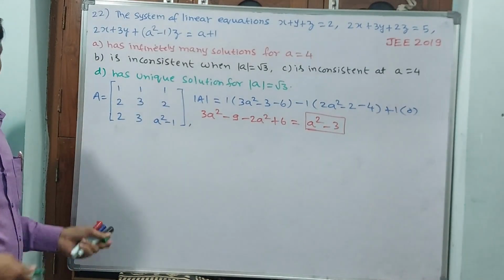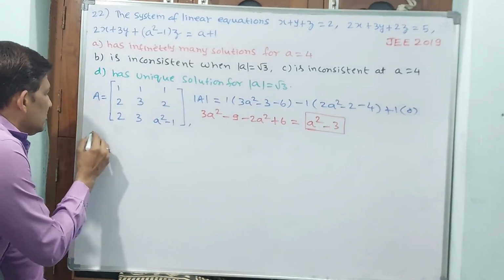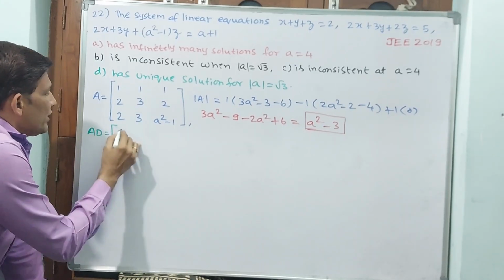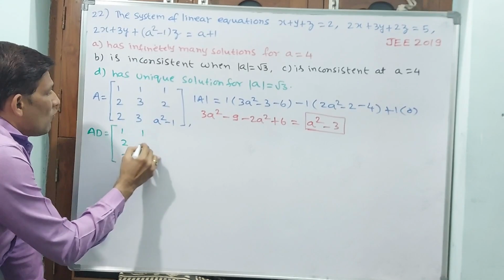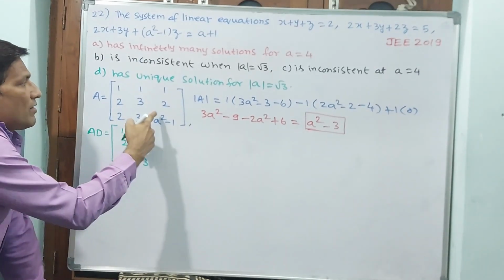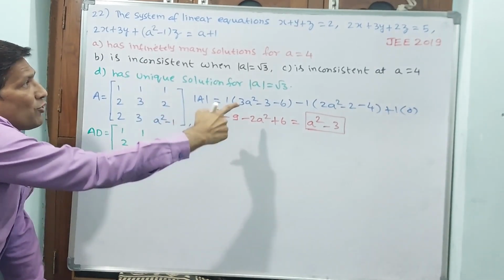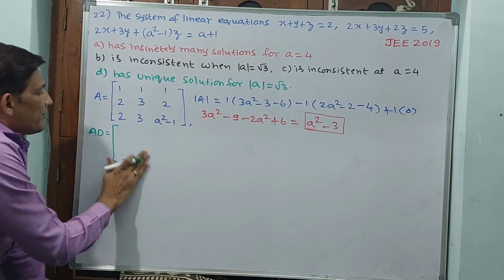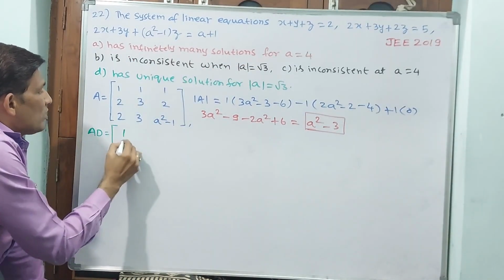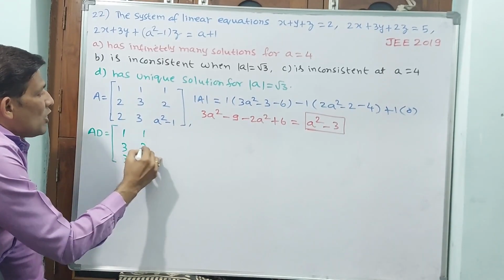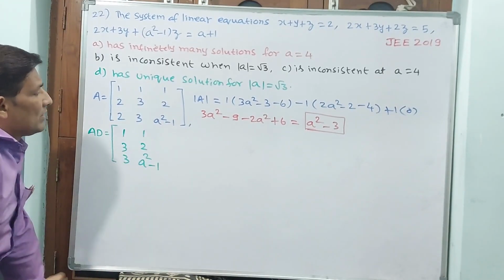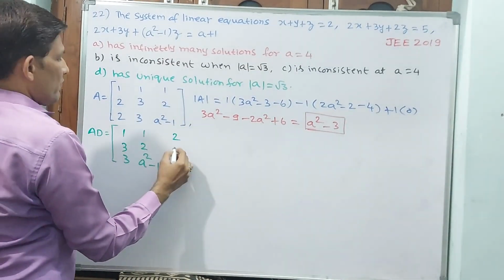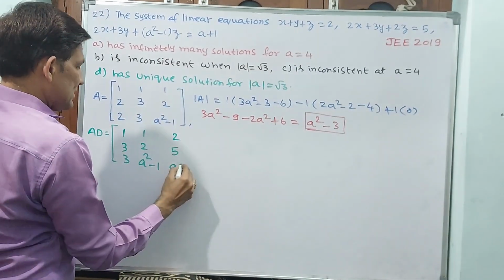Okay, now we take augmented matrix AD. Okay, AD 1 2 2 1 3 3. Okay, but I am going to take the third column is this one. I am going to take 1 3 3 1 2 a square minus 1. I am going to take 2 5 a plus 1.